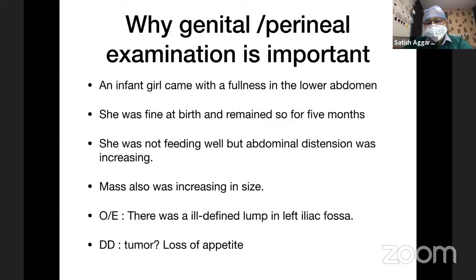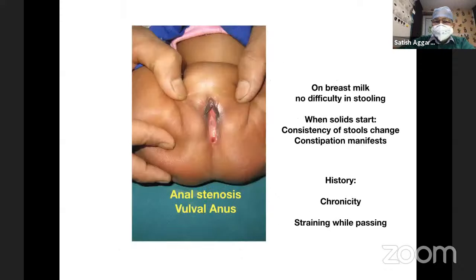So what are the things that are coming to your mind? Obviously, there is a mass, and this is not a cystic mass. It doesn't feel like a cyst. There might be a tumor because the child has loss of appetite. And then we look at the perineum, and she has an anal stenosis.